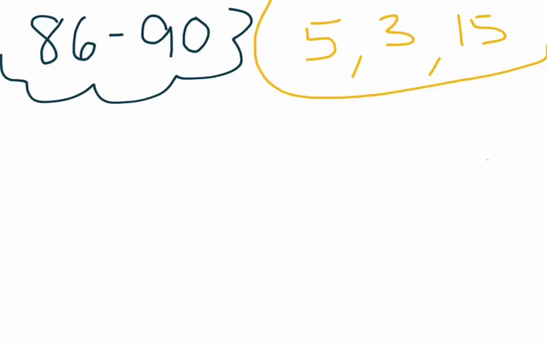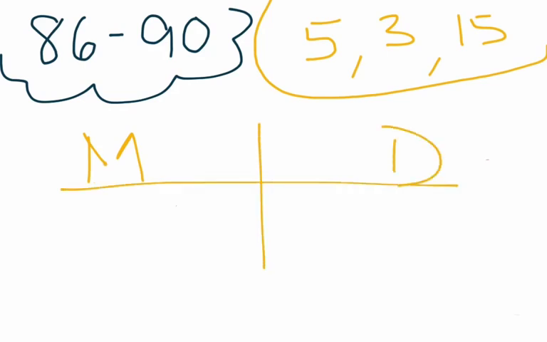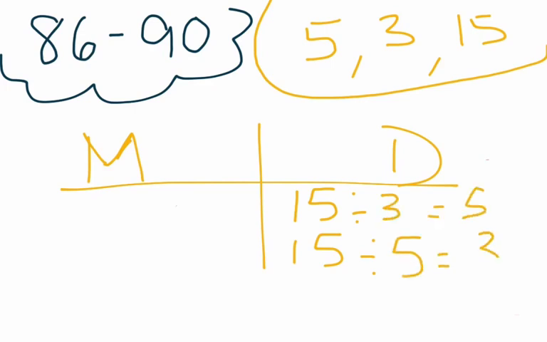Okay, welcome back. Multiplication section, division section. Here we go. My division section has to start with the biggest number first. So I'm dividing by 3 and by 5, and our answers are the only numbers left.